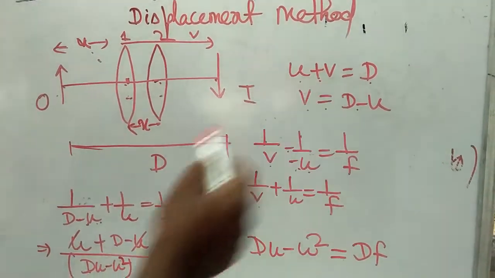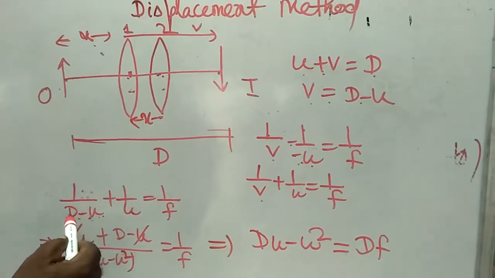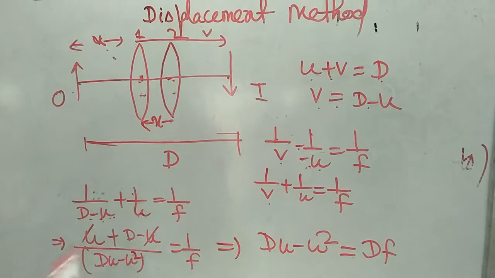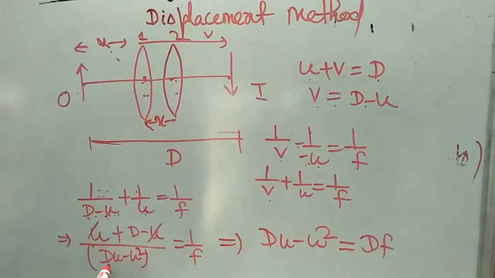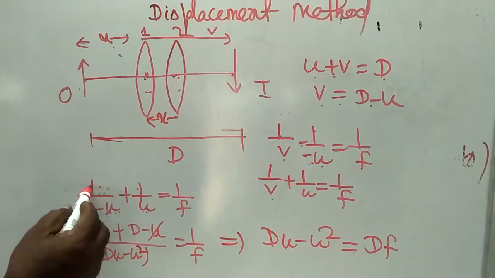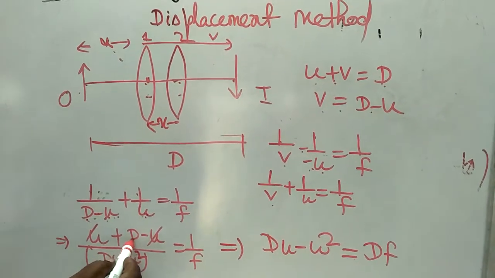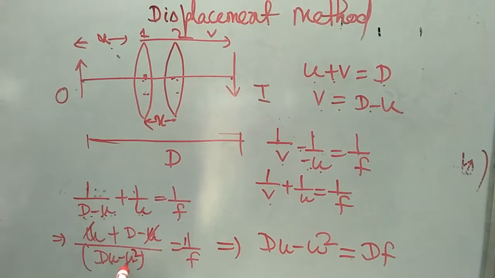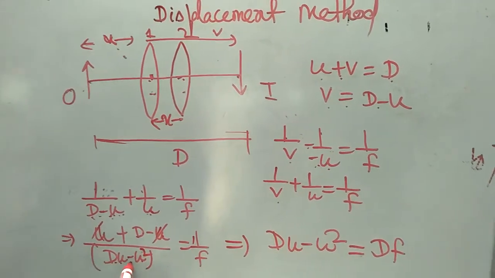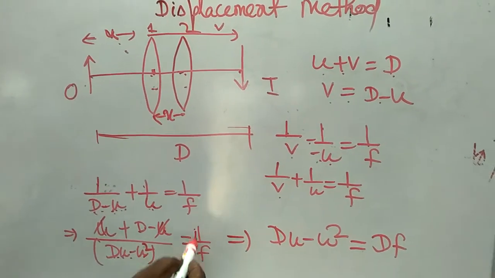Then put the value of v as D - u: 1/(D - u) + 1/u = 1/f. Take the LCM, so this is (D - u) times u, so u + D - u over Du - u² is equal to 1/f. The u cancels, so D/(Du - u²) = 1/f.